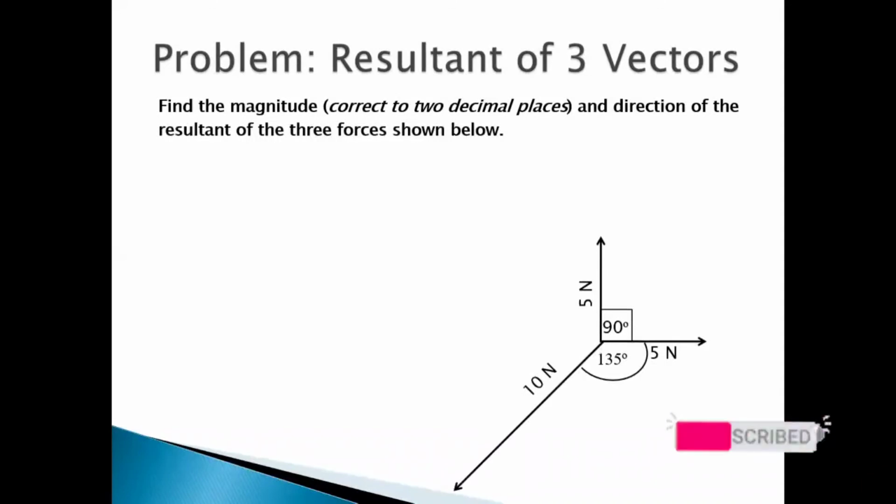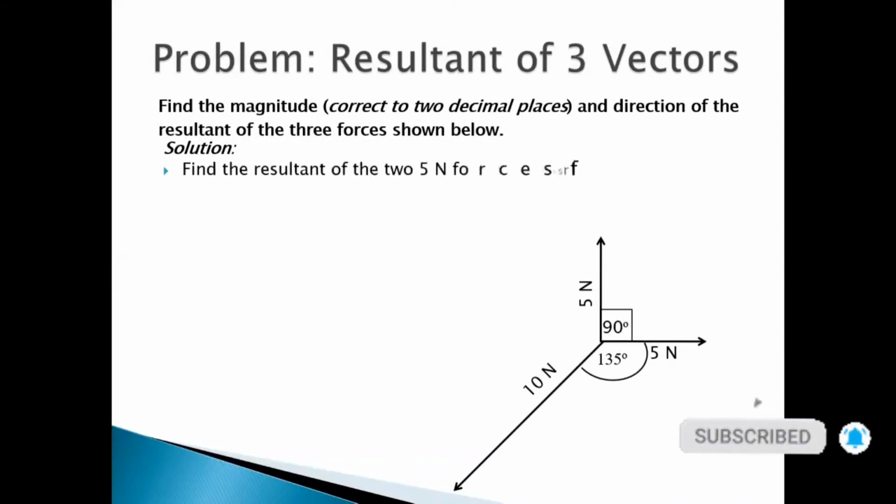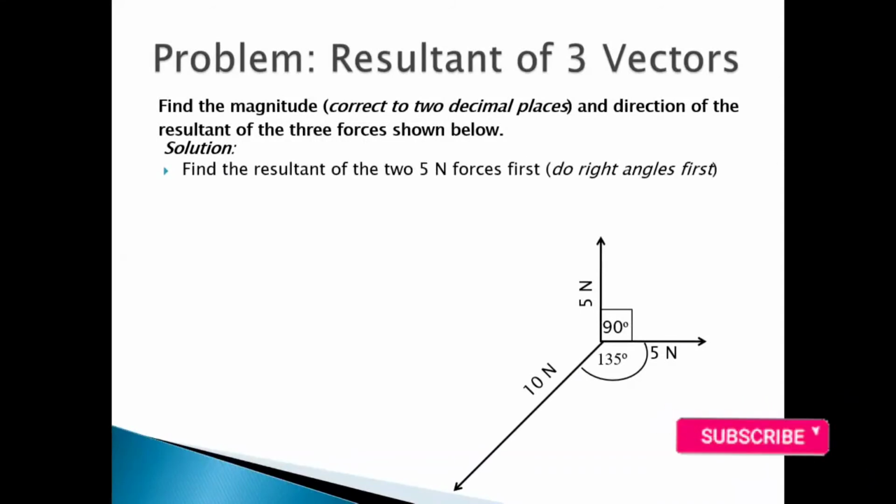What about this problem? You have 5 newtons and 10 newtons. Find the magnitude, correct to 2 decimal places, and the direction of the resultant of these 3 forces shown below. What will you do? Find the resultant of the two 5 newton forces first.